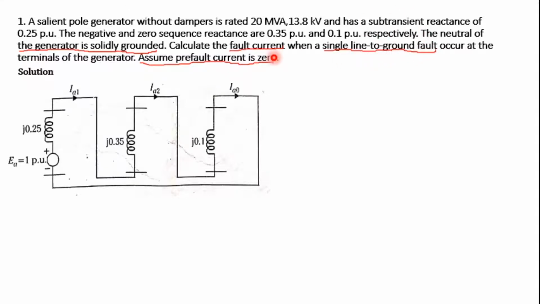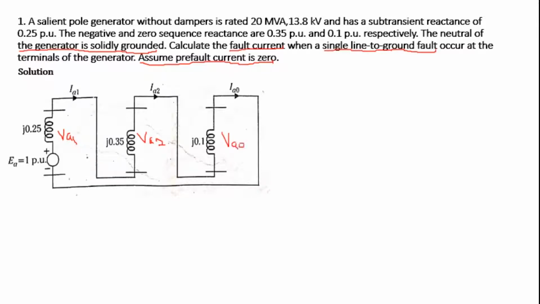For the single line to ground fault, the interconnected sequence diagram has the three components, that is zero, positive and negative sequence networks, connected in series. This is for the positive, which we consider as VA1, this is VA2, and this is VA0.